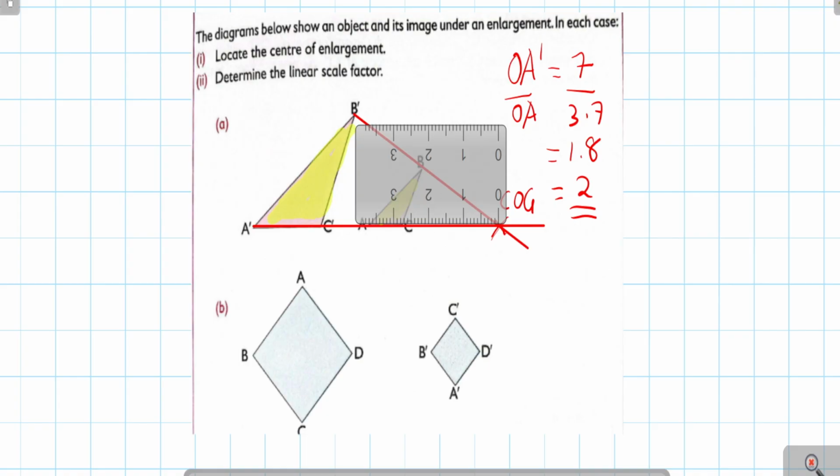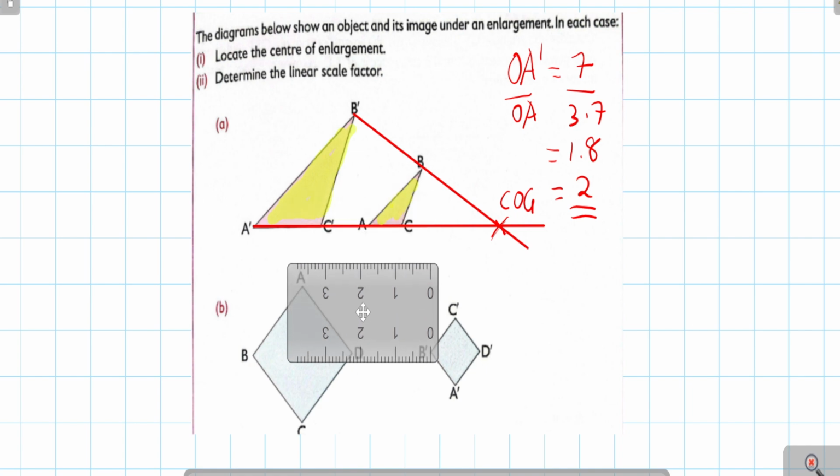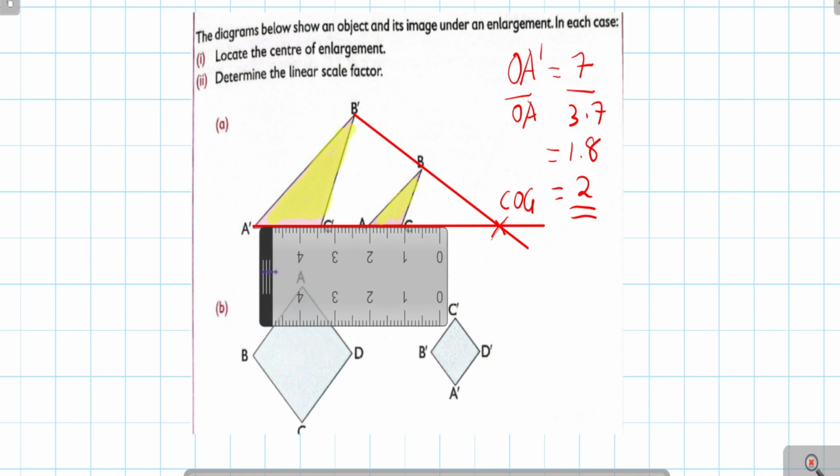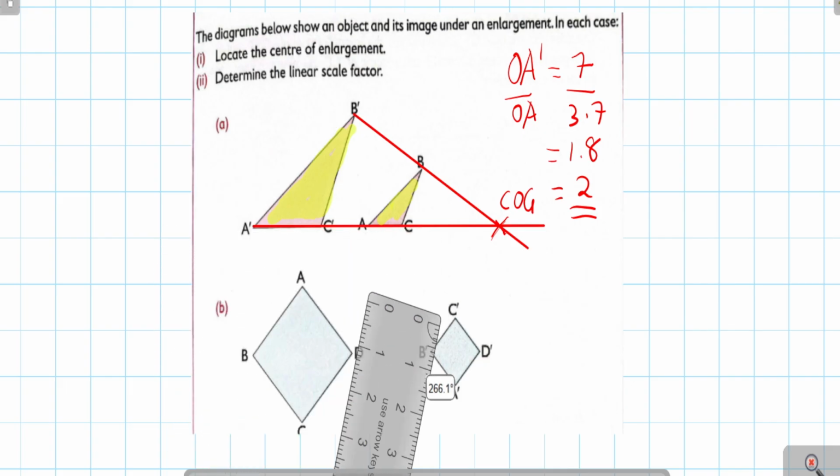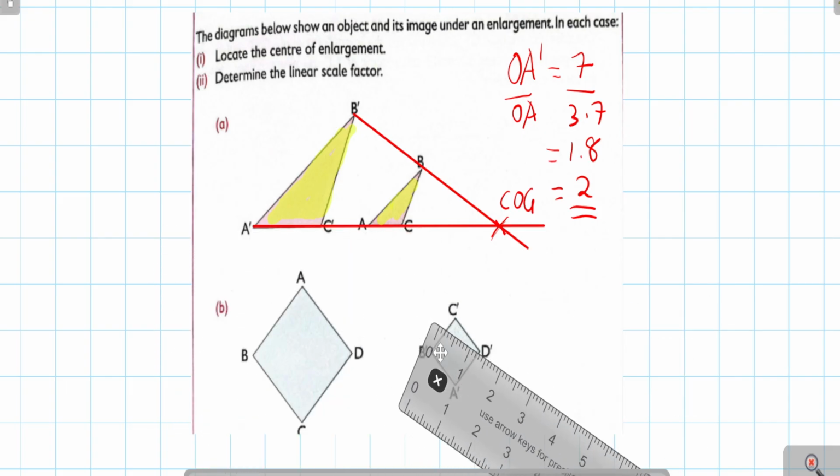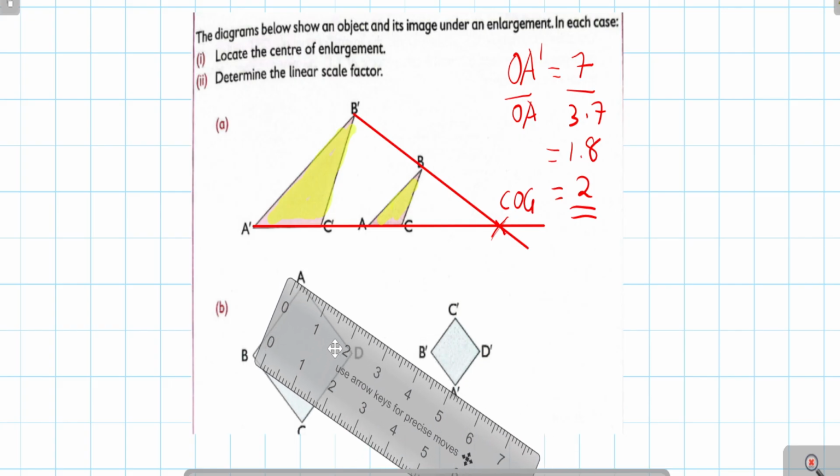Now we do also with the other question, we connect the object to the image. So hapa kuwa makini sana, kuwa makini sana when you're connecting, hakikisha unaconnect object kwa image. So you're connecting this one.